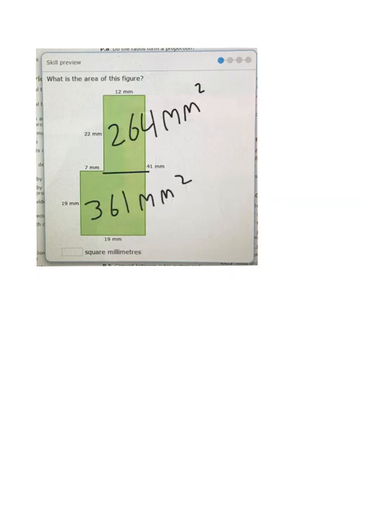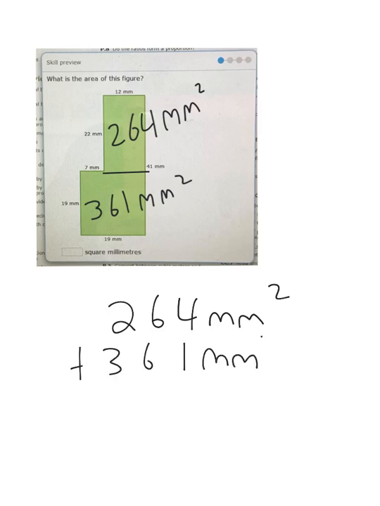So now that I've tidied it up a little bit, you can see here that this bottom part's 361 millimeters squared, this top part there, but we want the area of the whole figure. So obviously we're gonna have to add them together. 264 millimeters squared plus 361 millimeters squared.